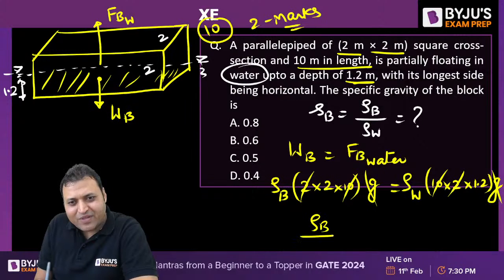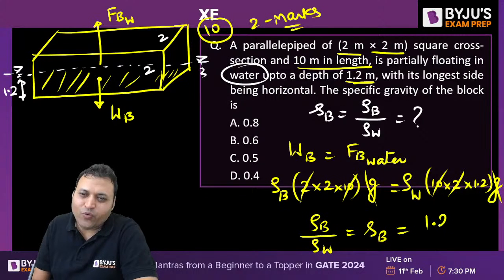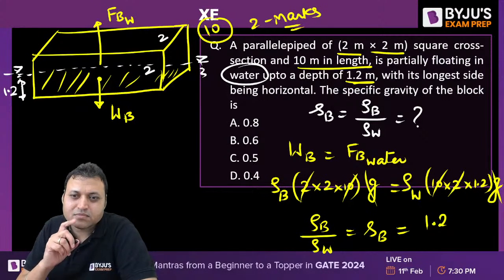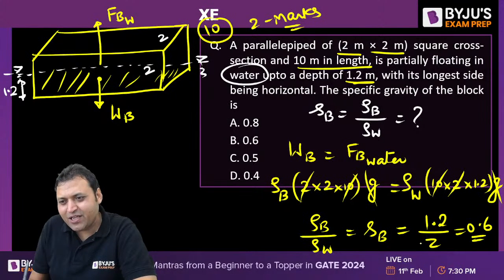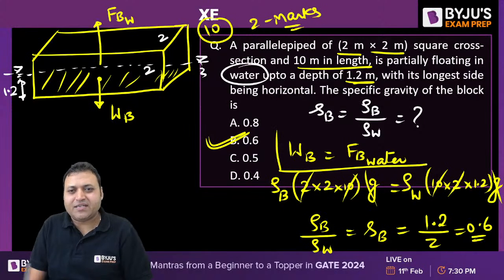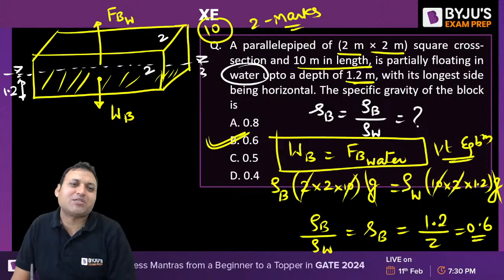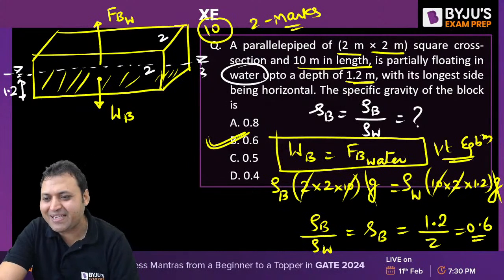So density of the body upon density of water, that is the specific gravity of the body, is equal to 1.2 divided by 2, which is 0.6. Question number 10, option B is the right answer.